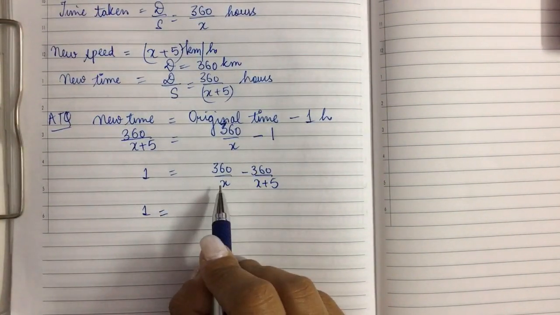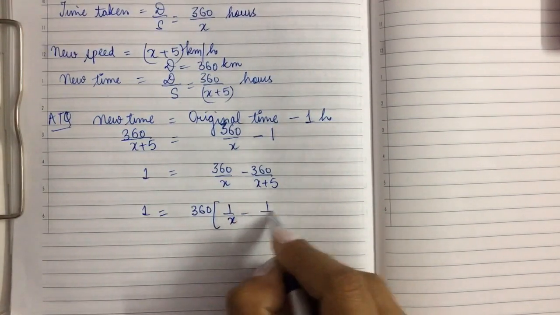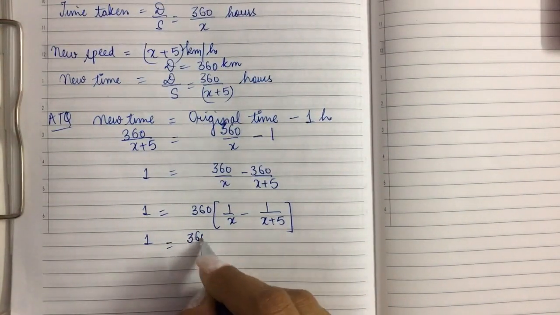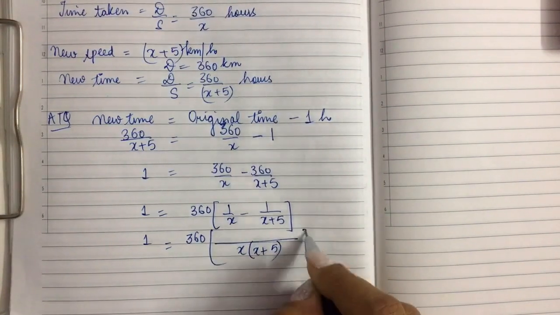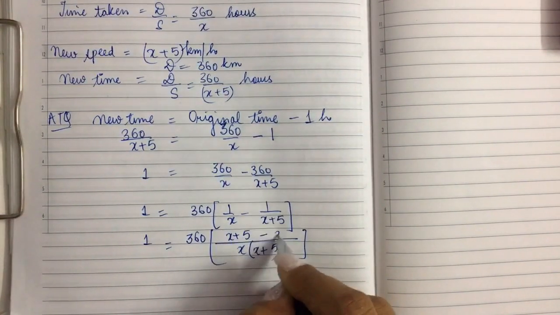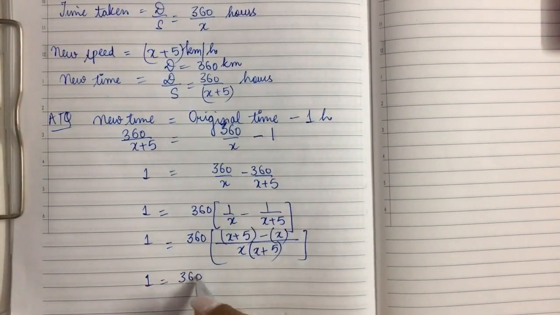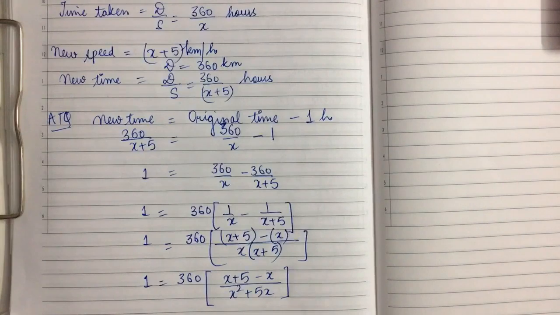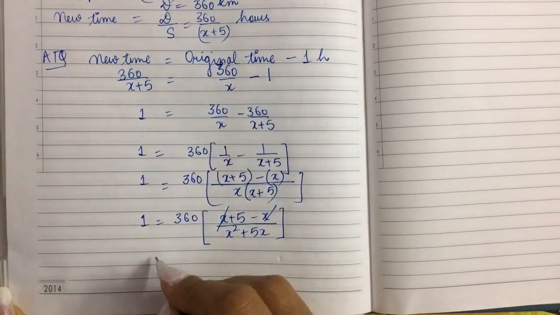I am taking 360 common from the right hand side. Taking the LCM in the brackets. Simplifying. x and x get cancelled.